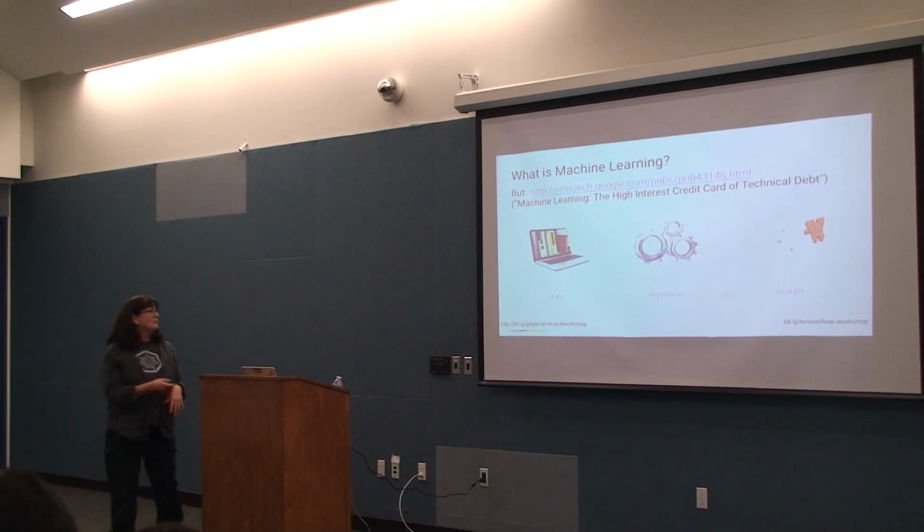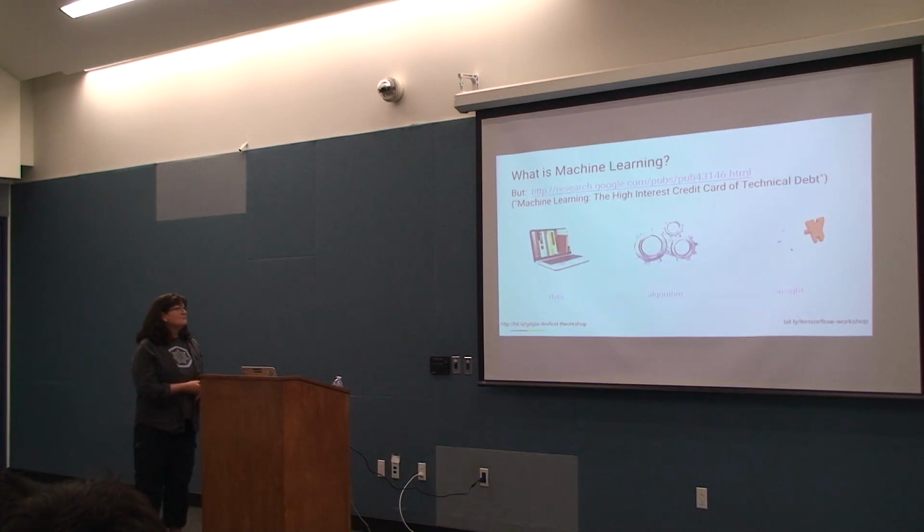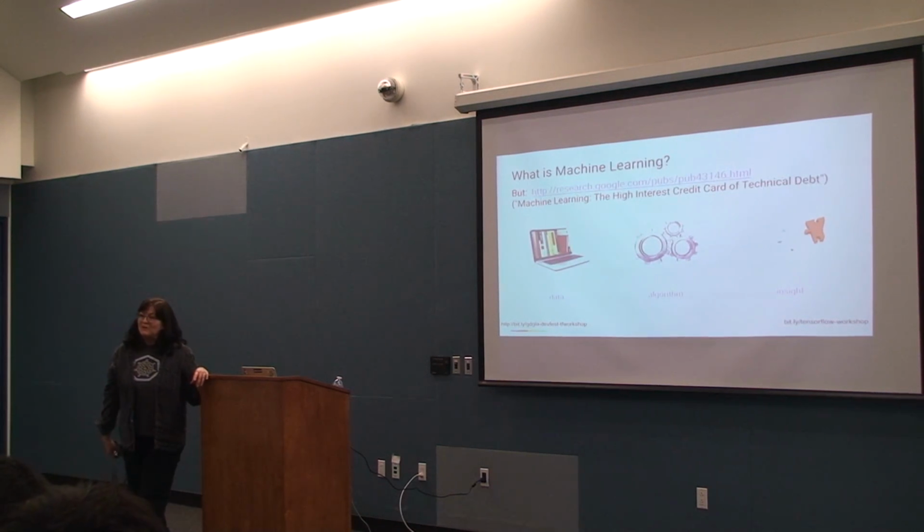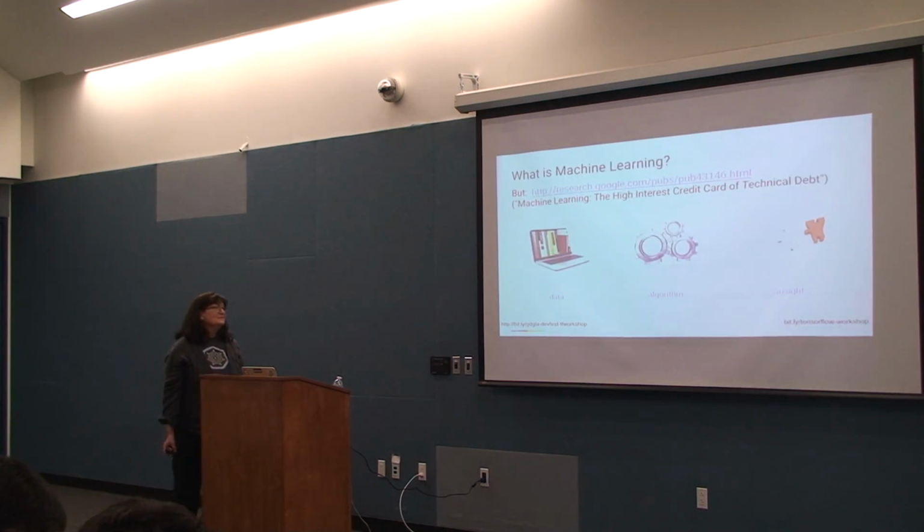And this is a nice paper, Machine Learning: The High Interest Credit Card of Technical Debt, which a few battle-scarred machine learning researchers wrote, that throws a little bit of cold water on all the trendy PR that's around machine learning these days.